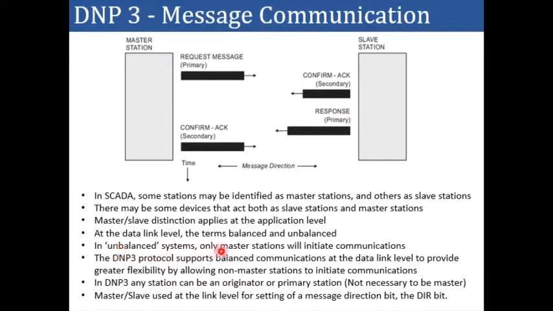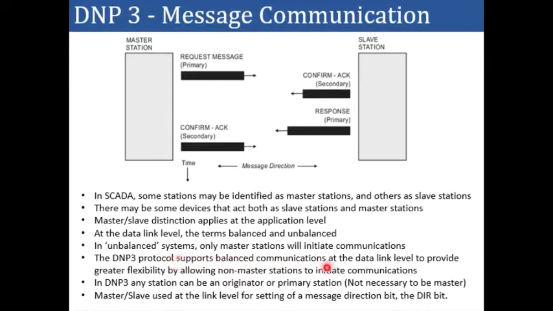In case of an unbalanced system, only the master station will initiate the communication. Since in case of DNP3 the initiation can happen from master as well as slave, that's why DNP3 supports balanced data communication only.